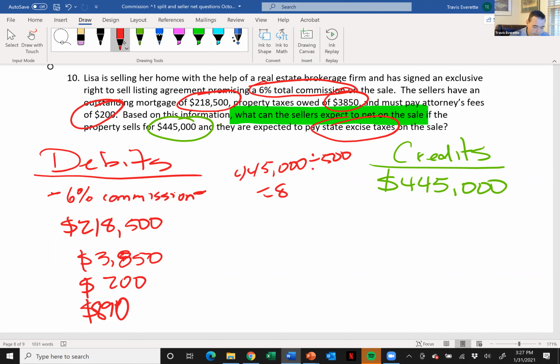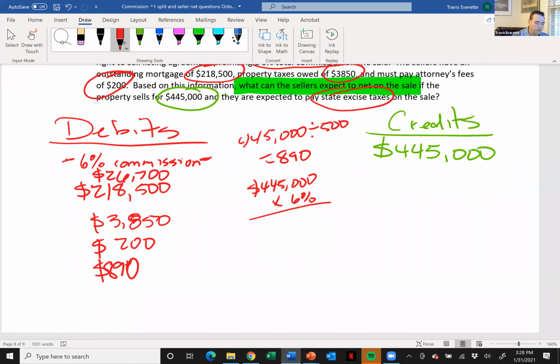So we got 890 here for excise taxes. Then the commission is going to be 445,000 times 6%. That's $26,700 in commission.